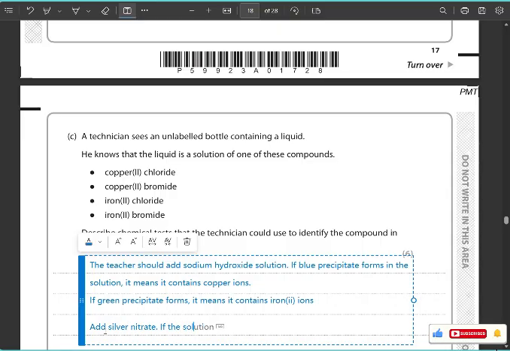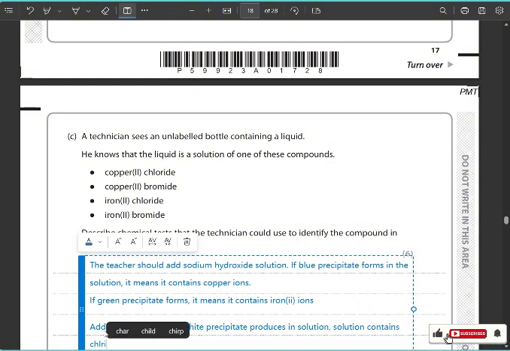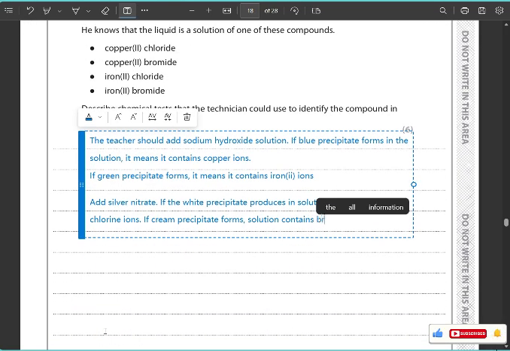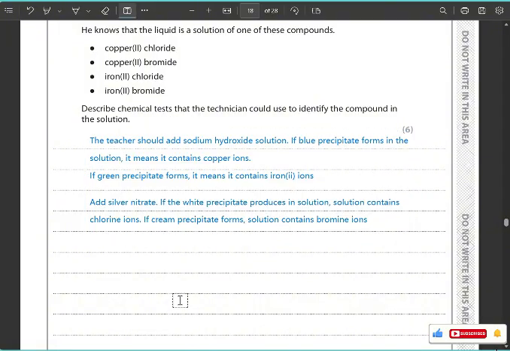If a white precipitate forms in the solution, the solution contains chloride ions. If a cream precipitate forms, the solution contains bromide ions. Okay.